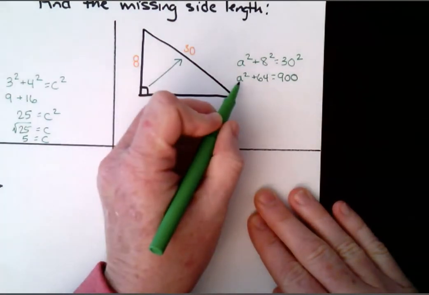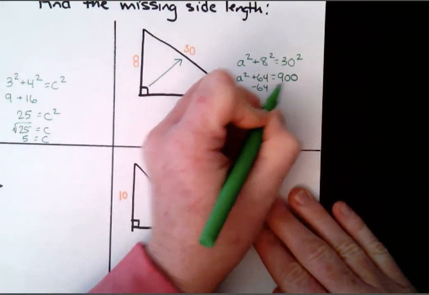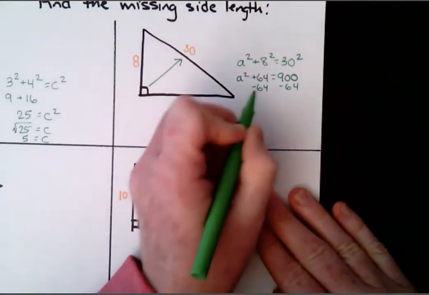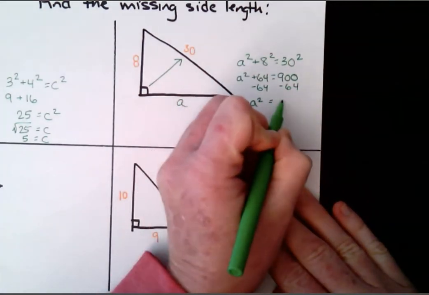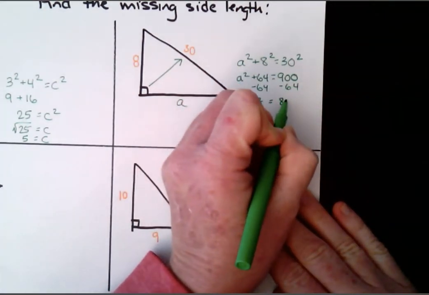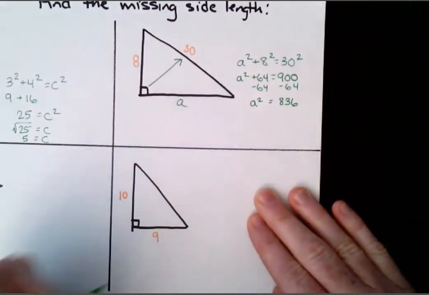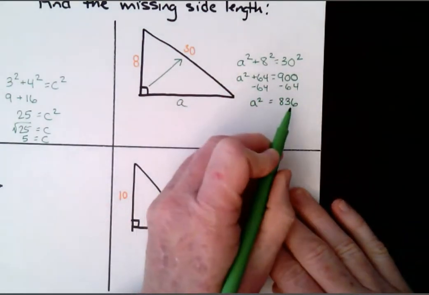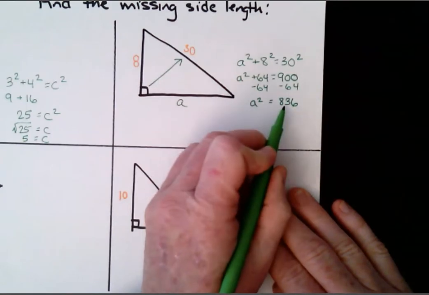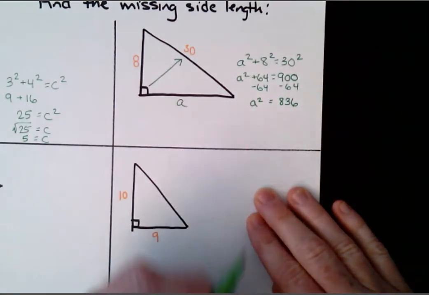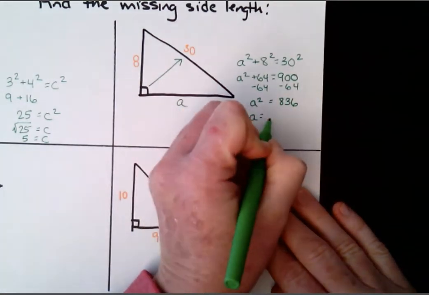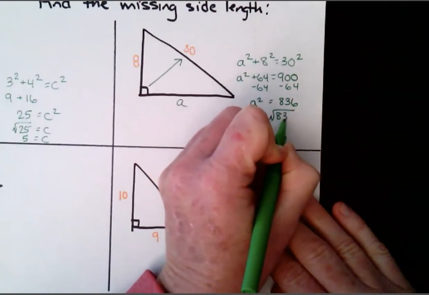So A squared, right, we're going to subtract 64 from both sides. So A squared is 836. So I need to know the square root of 836, right? So A is equal to the square root of 836.